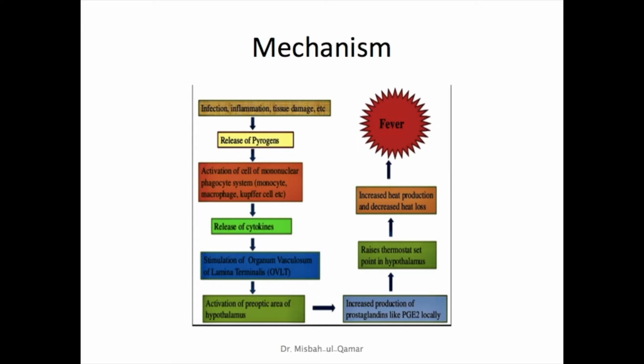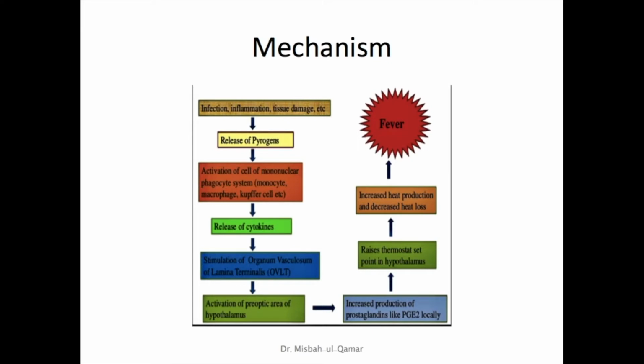And these include not only the certain bacterial viral proteins, but also the breakdown products of proteins. And in addition to that, sometimes the lipopolysaccharide toxins which are released from the bacterial cell wall, they also act as the pyrogens.